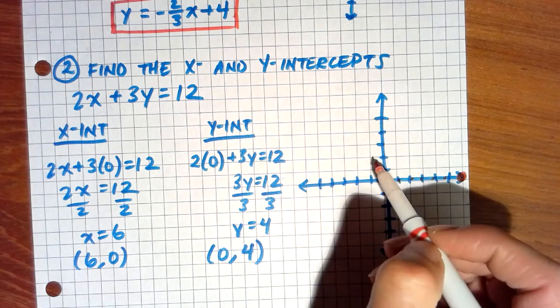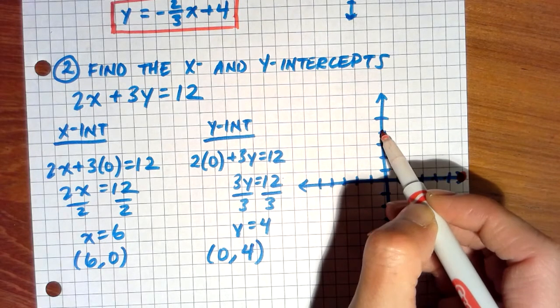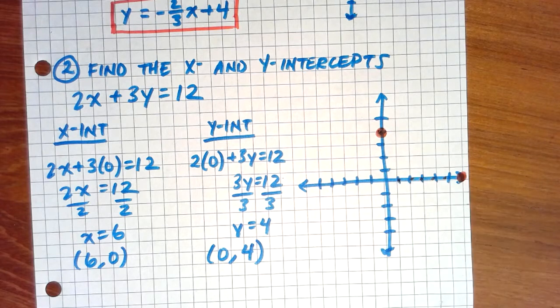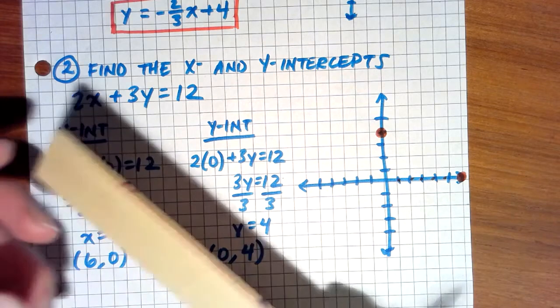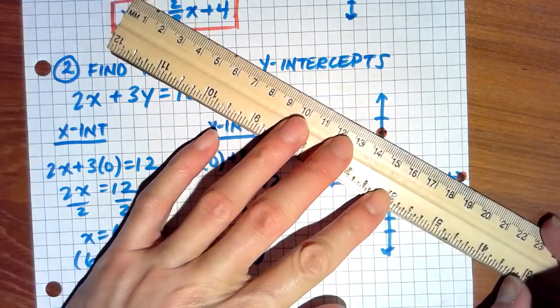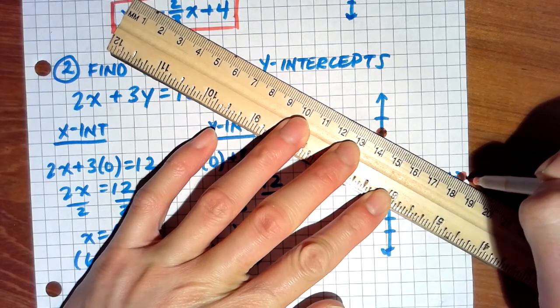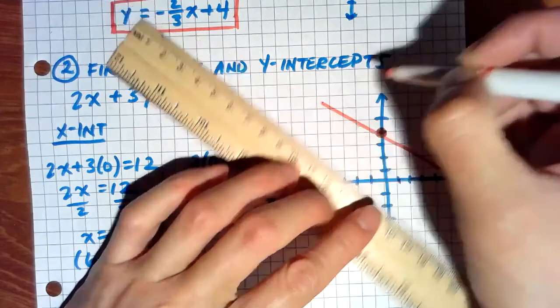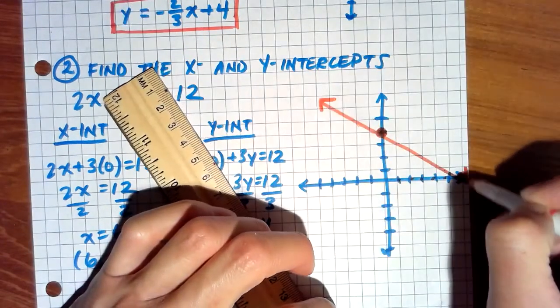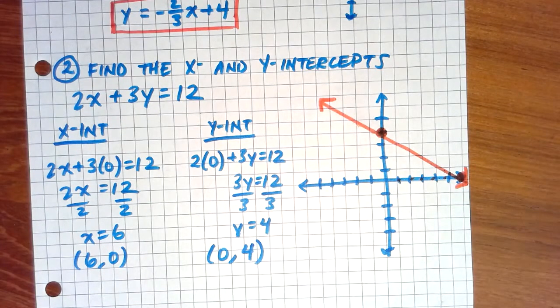Y-intercept was 0, 4. It's right there. Connect those 2 points with a straight edge. And there's my graph.